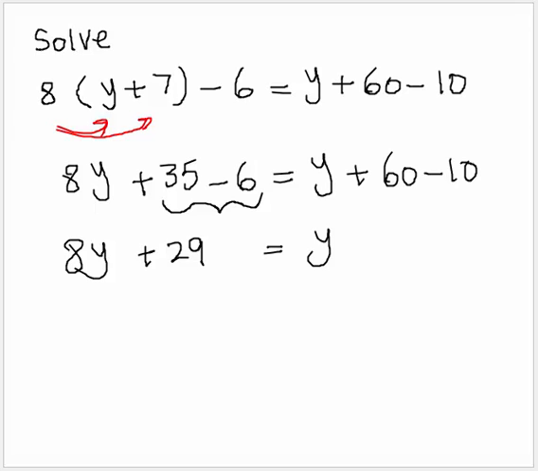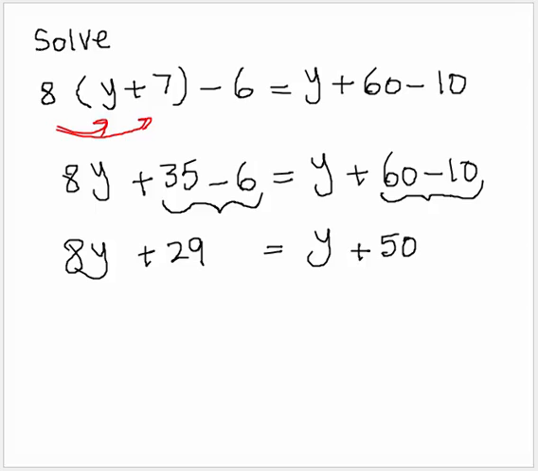And the right hand side we have y, and then we're going to combine 60 minus 10, that gives me plus 50. Now at this point we can subtract y from both sides of the equation.